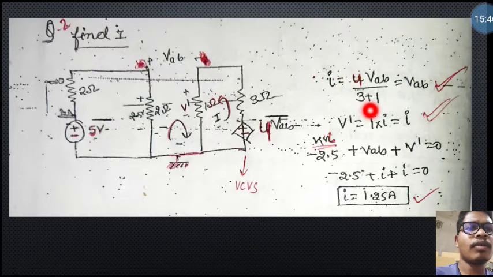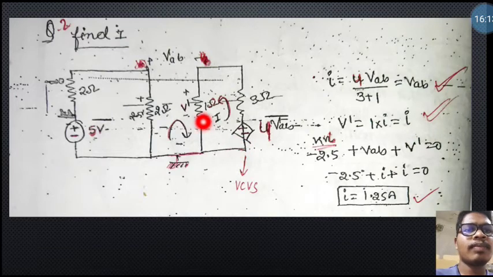So 4 and 4 will cancel each other. So only VAB is equal to I. So this is our another equation. Now see here, this V dash is the voltage across the 1 ohm resistance, and current I will be flowing. So I into 1 is equal to V dash. So something multiplied with 1 is that something only. So V dash is equal to I.